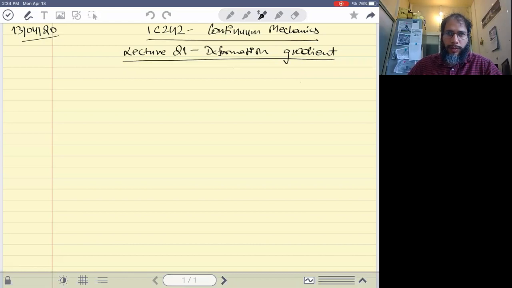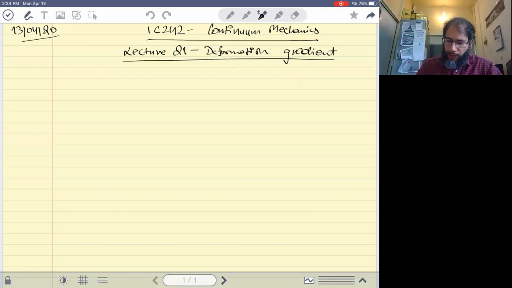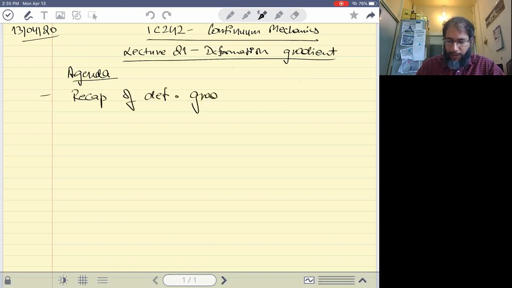So good afternoon, everyone. This is lecture 21, Deformation Gradient in Continuum Mechanics. So the agenda for today: we will be quickly recapping what we did last time in terms of the deformation gradient. So a recap of the deformation gradient tensor.